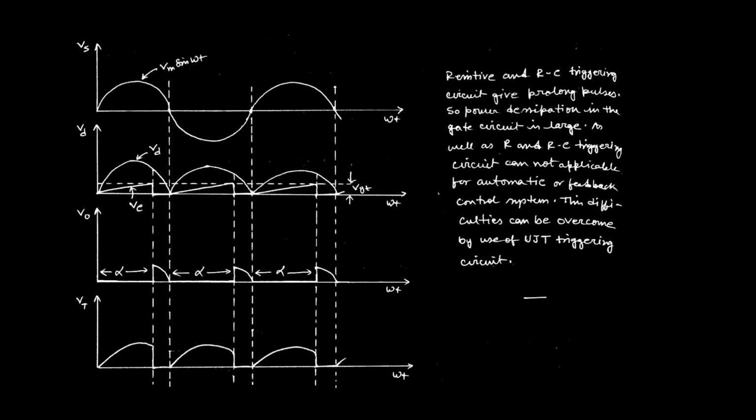Okay, so we can change this firing angle anywhere between 0 to 180 degrees by proper tuning or adjusting of the variable resistance, through which we can control the total output voltage, as well as the voltage stress across the switch.